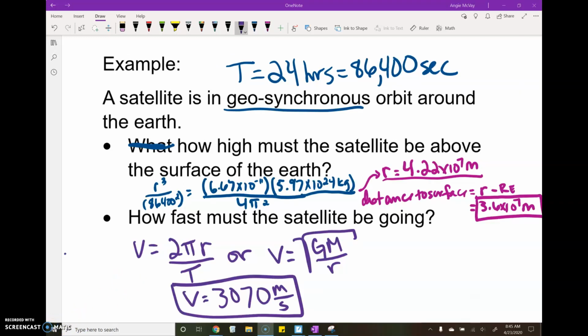All right, kiddos, let's check your answers. So we've got a period of 24 hours or 86,400 seconds. All right, so we use Kepler's third law of planetary motion right here, and we just plug in our values.